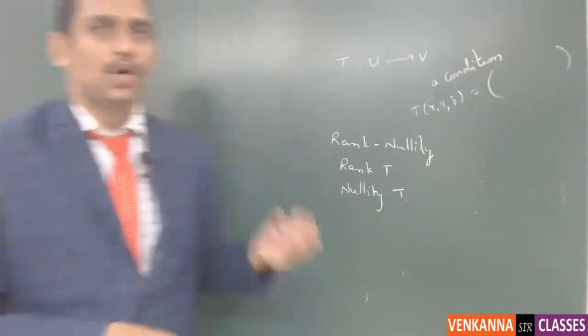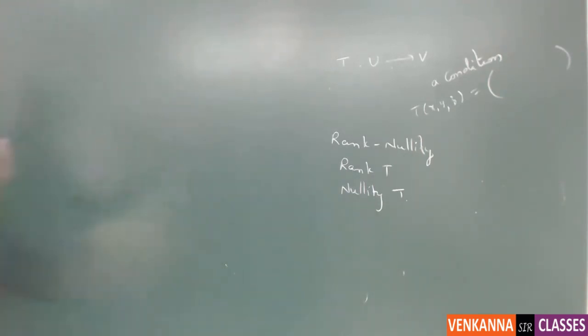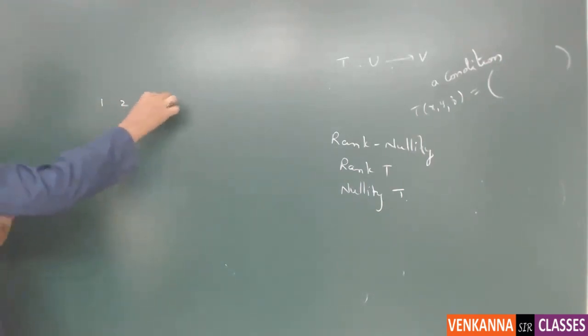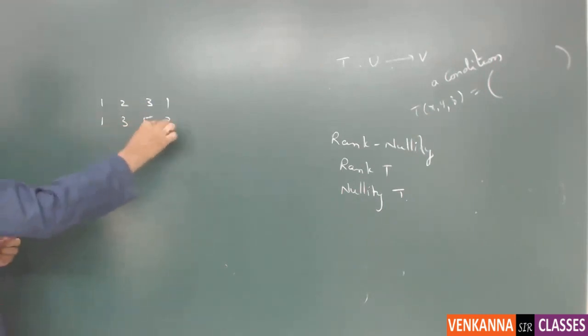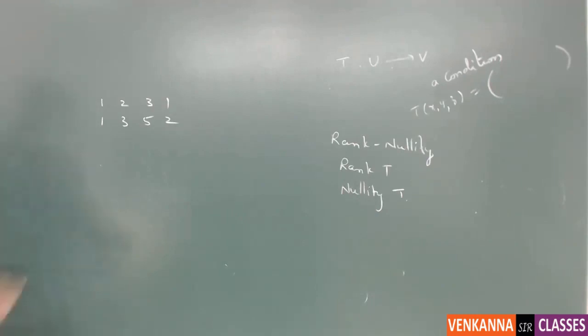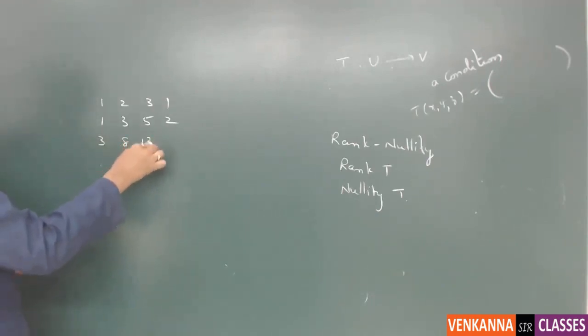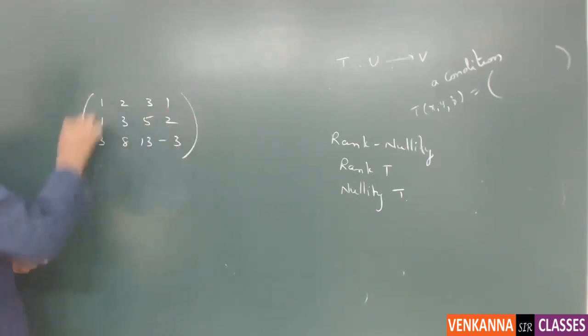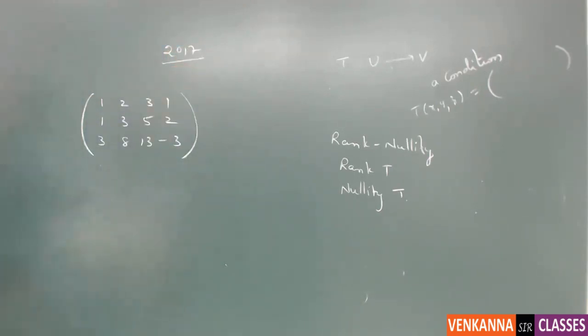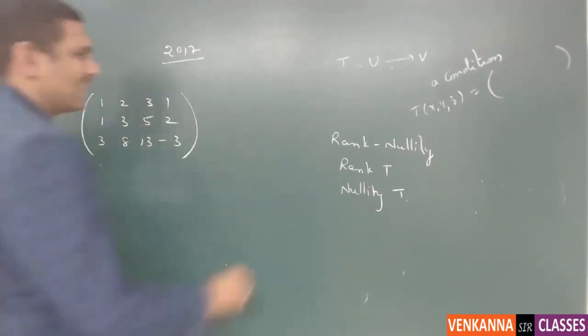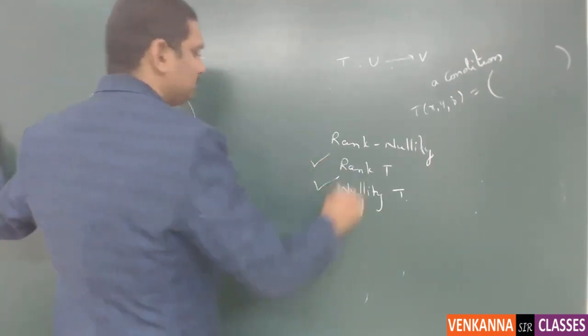So here we got a matrix for the transformation given by 1 2 3 1, 1 3 5 2, and then 3 8 13 minus 3. I think this question is given in 2017. Now the question is, what is the rank and what is the nullity?